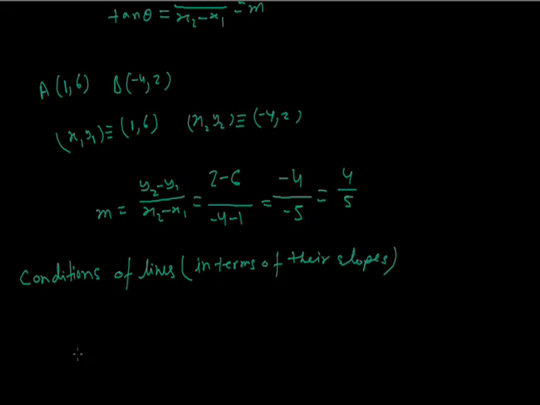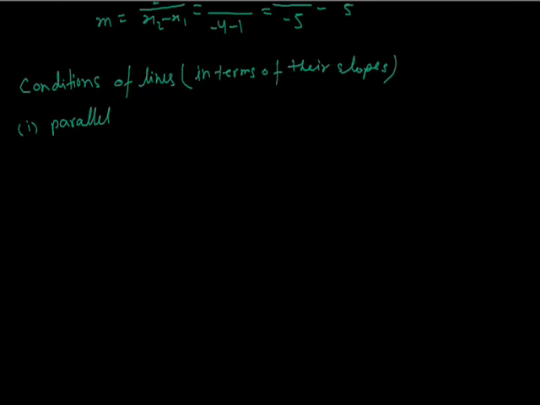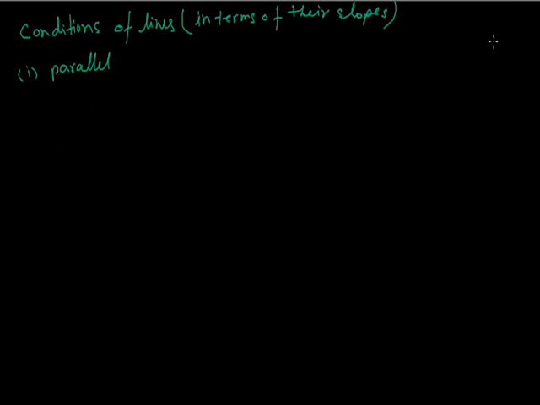Condition of lines in terms of their slope. First condition is parallel. If we are given two lines which are parallel, then what will be the condition for the parallel lines?